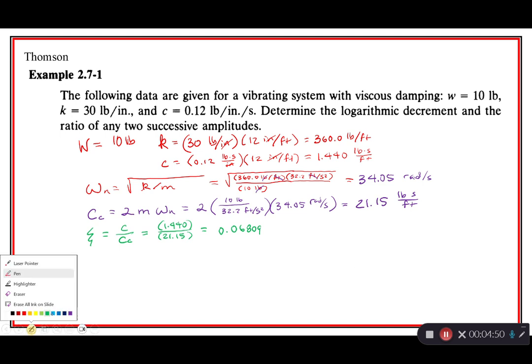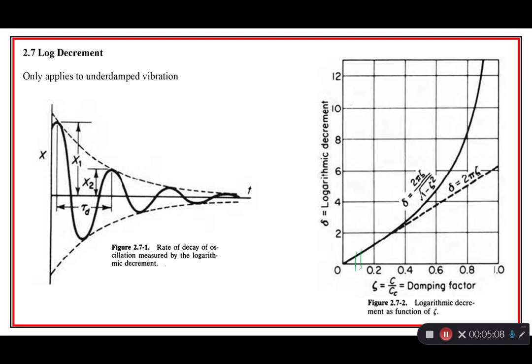So now we'll change over to baby blue and find the log decrement from 2 pi times the damping factor divided by the square root of 1 minus the damping factor squared. And by the way, that's the same equation that's right there.